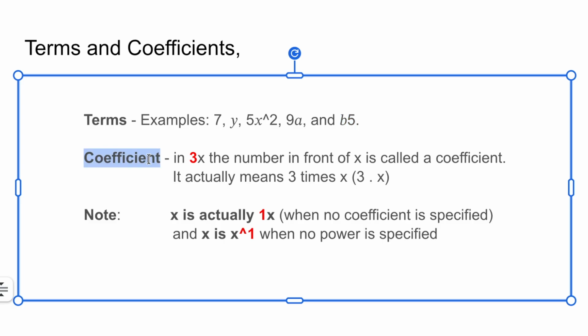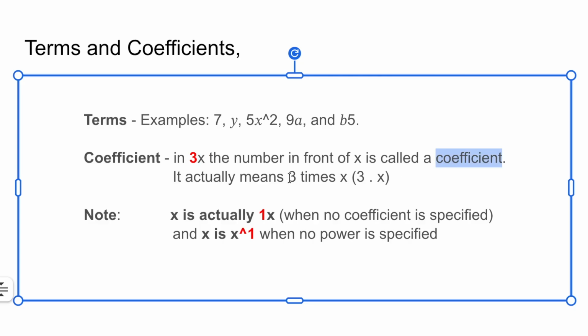Then there is something called a coefficient, which is another important factor. Here I am only going to mention it. We will see it later in other sessions. When you see something like 3x, or 9a, 9 is the coefficient of a. That's how we have to see this. 3 is the coefficient of x. In 3x, the number in front of x is called a coefficient.